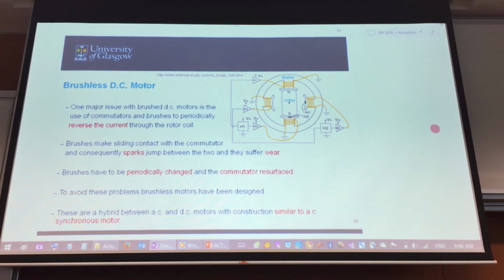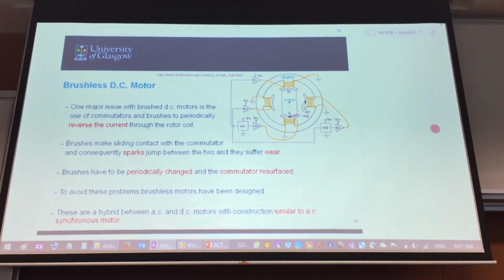In the brushless DC motor, the coils are on the outside. This is an advantage because if this coil gets heated up, the heat can be transferred out of the motor much more easily compared to if the coil of wire were in the core as the rotor.